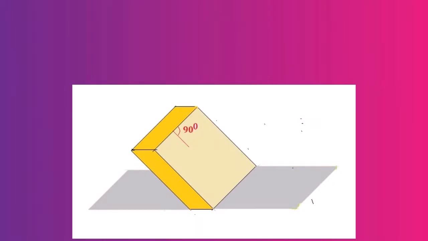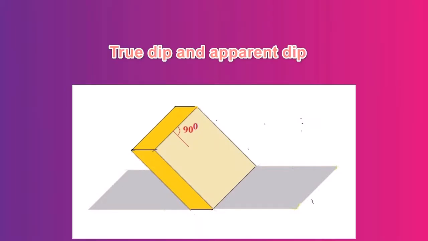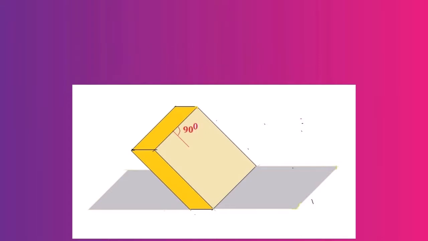The dip of a bedding plane may be represented by a line lying within this plane at right angle to the direction of strike. The inclination of this line at right angle to the direction of strike is the true dip.